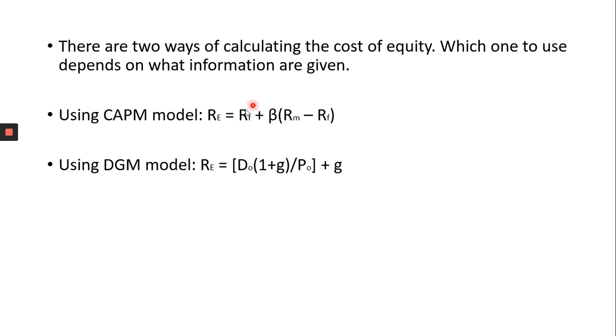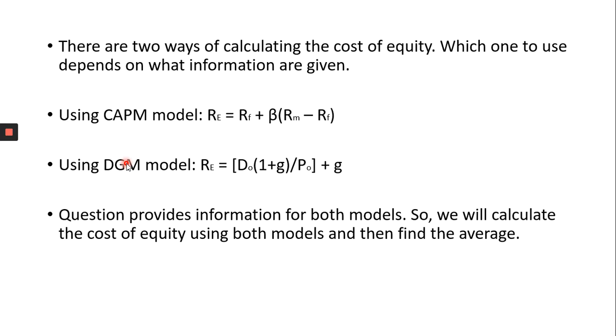However, if the question gives you the dividend, next year's dividend, the growth rate and today's price, then you can use the DGM model. Our question provides the information for both models, so we will calculate the cost of equity using both models and then find the average. Very simple.